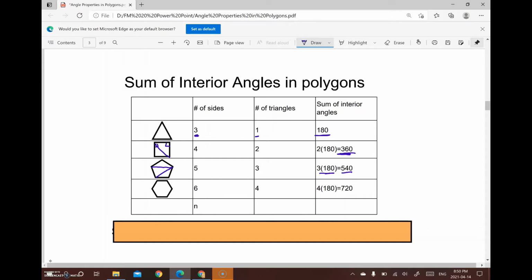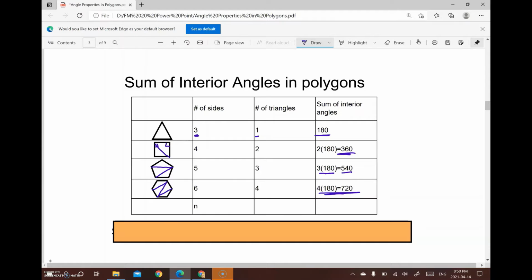A 6-sided polygon, so a hexagon, can be made up of, I can do it in 4. Let's see here. 1, 2, 3, 4. There we go. So I can make a minimum of 4 triangles in a hexagon.